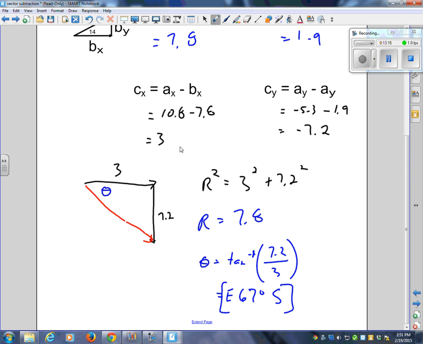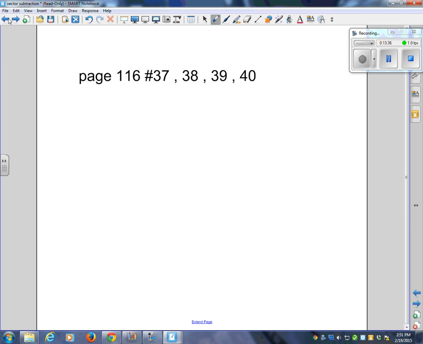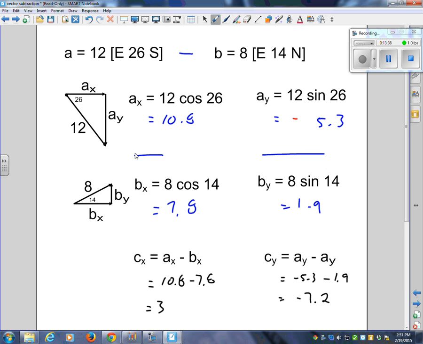What's the only thing different here from yesterday? This little subtraction sign right there. That's all that's different. See how easy vector subtraction can be? So you would write like 7.8 east, 67 south? Yeah. All good?